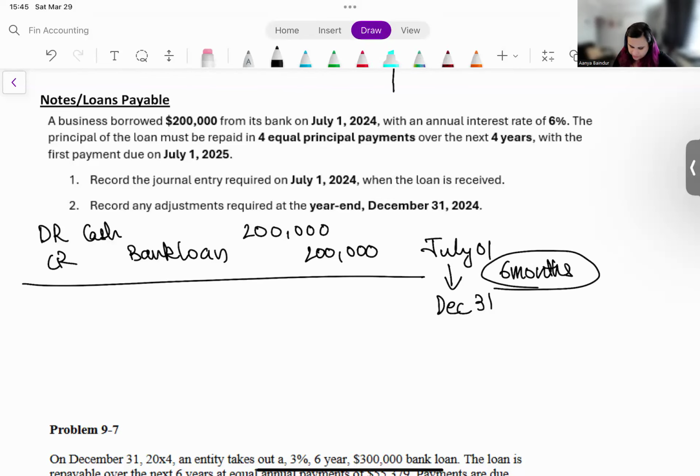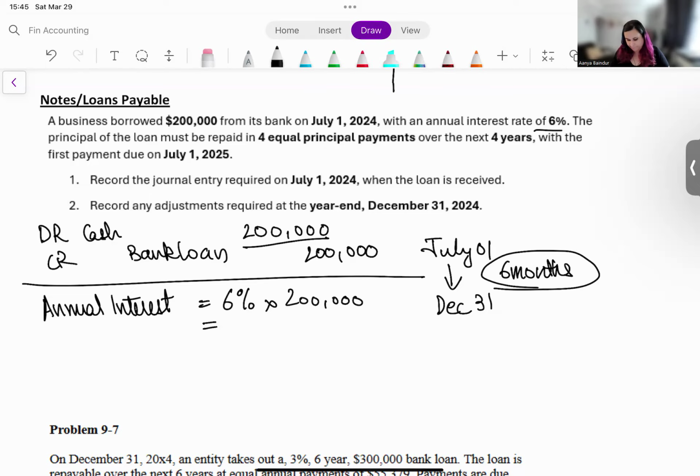So let's see what the annual interest is. The interest rate is 6%, so it's 6% of 200,000, which is 12,000.